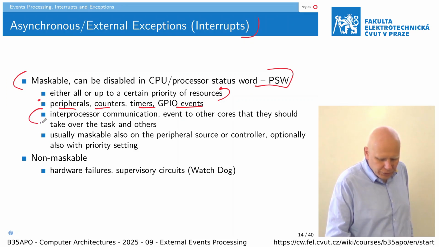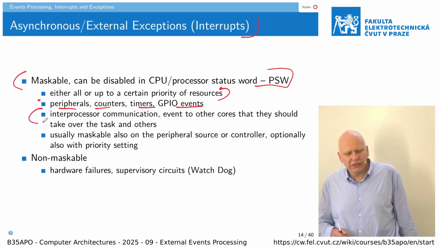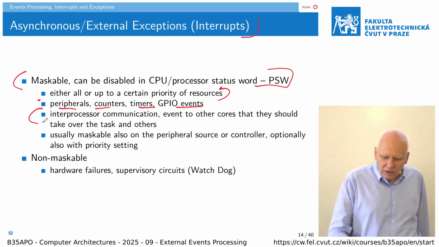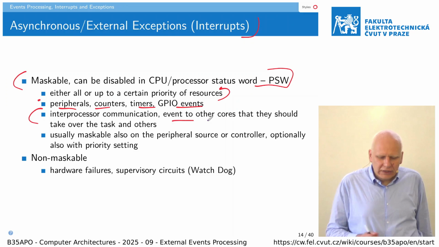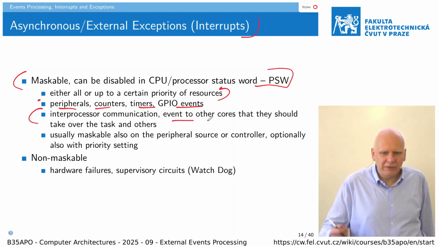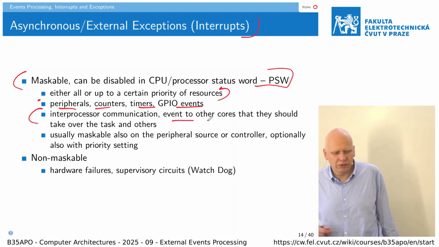Those are used even for interprocessor communication to send the event, for example, to another core that it should take over some task and reschedule it on another processor or something like that.